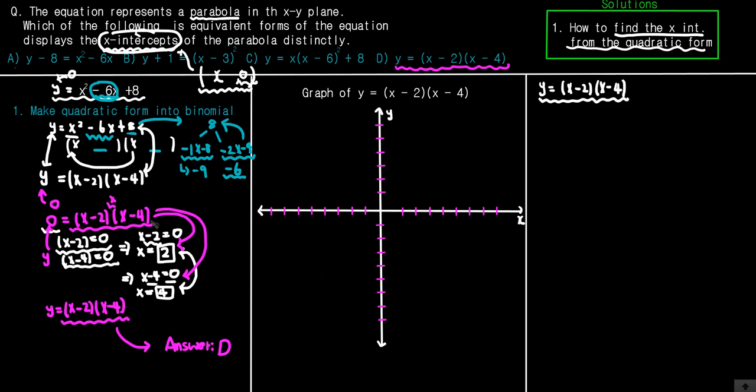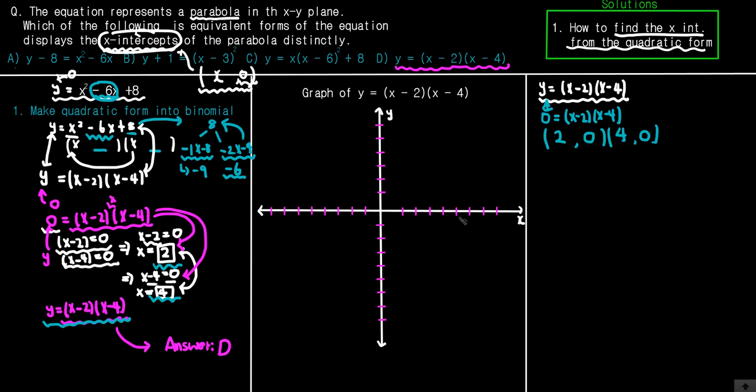At first we know the points from our data: if the output of our function, y, is equal to 0, then for x minus 2 times x minus 4 we figure out that there are two cases. There are the x-intercepts, as we have proved here, which means the y value is 0, and the x values we found were 2 and 4.